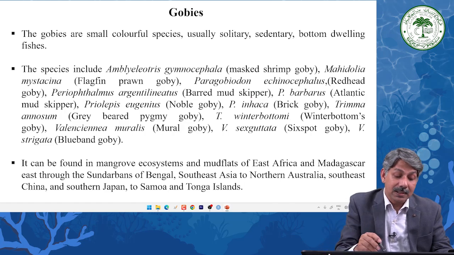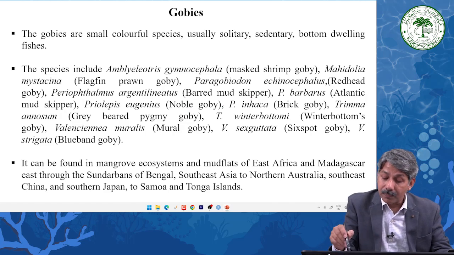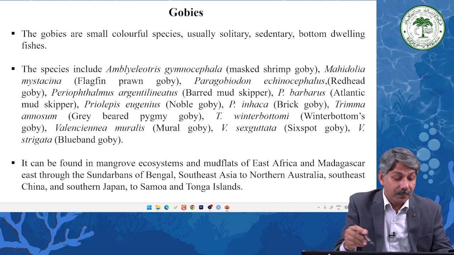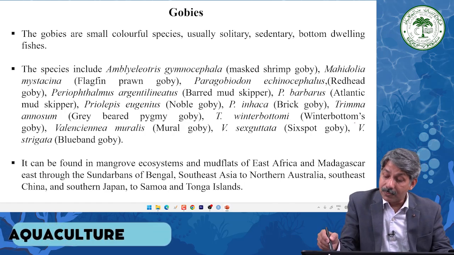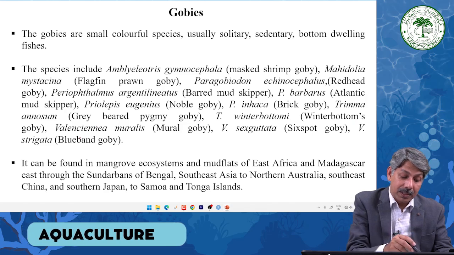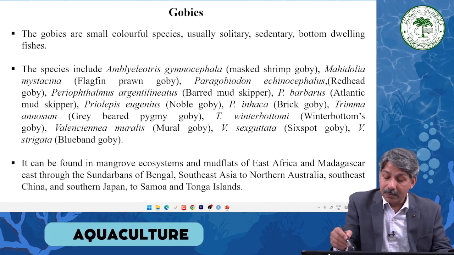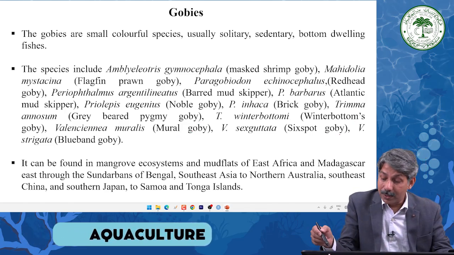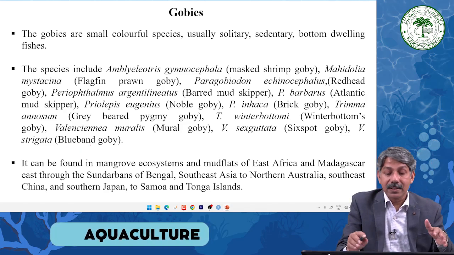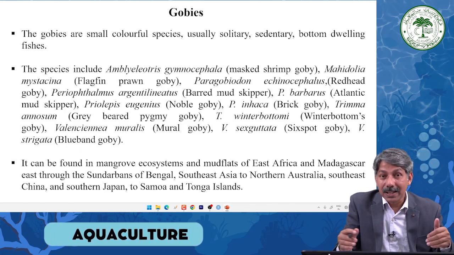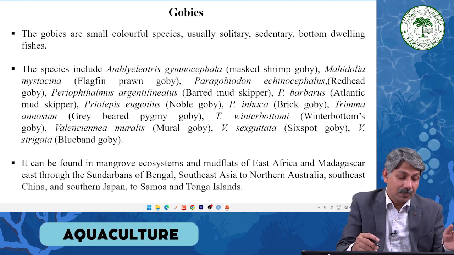Then Atlantic mud skipper, noble goby, brick goby, grey beard pygmy goby. And then we have winter bottoms goby and mural goby, six spot goby, and blue band goby. So, there are different varieties of goby which are the marine species which are being used.